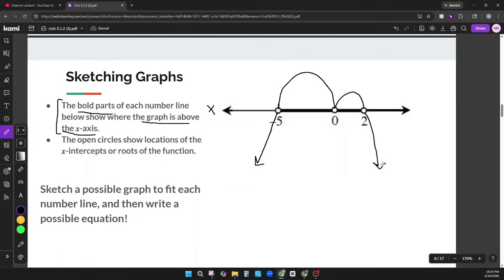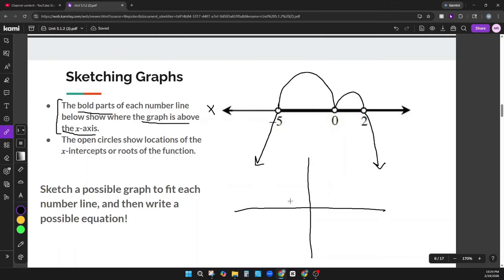So then I'm just working on my number line, but I'm using all this information to begin to sketch what a possible graph might look like. And as soon as I'm able to discern what my x-intercepts are, what my behavior is around these particular x-intercepts, then I'm going to go ahead and take it to my coordinate plane.